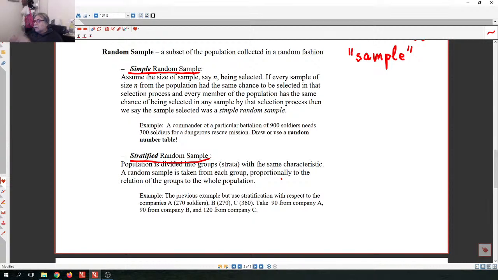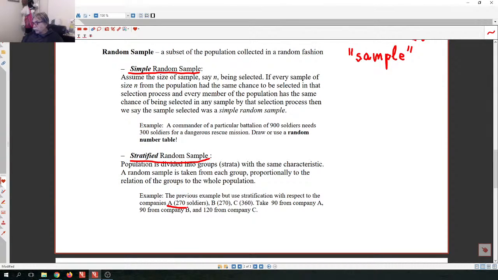If 35% of the people that are voting are 55 or older, then I need to have 35% of my sample be 55 or older. That's called stratification. Or in this particular example, if we are talking about a battalion, it is probably divided into companies.